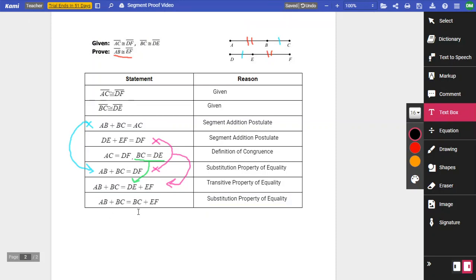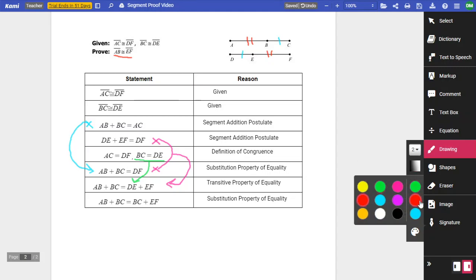I want to get rid of these BCs here, because notice I want to prove that AB is congruent to EF, and now if we look, I've got AB on one side of the equation, I've got EF on the other side of the equation, so we are very close to proving them equal, and if we prove them equal, then they're also congruent.